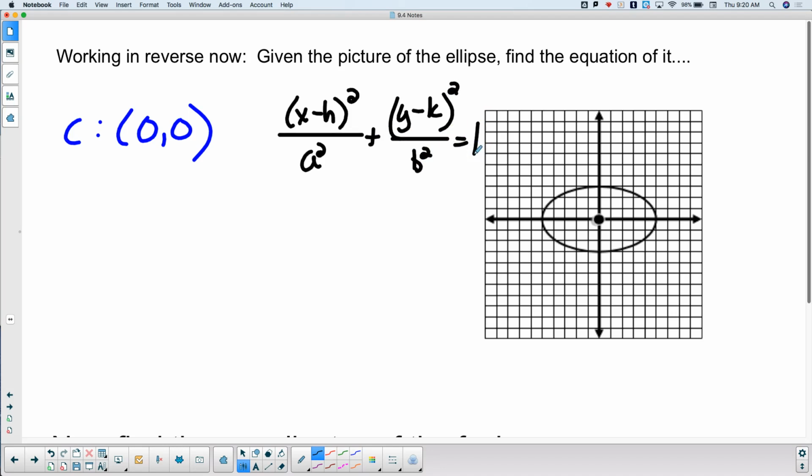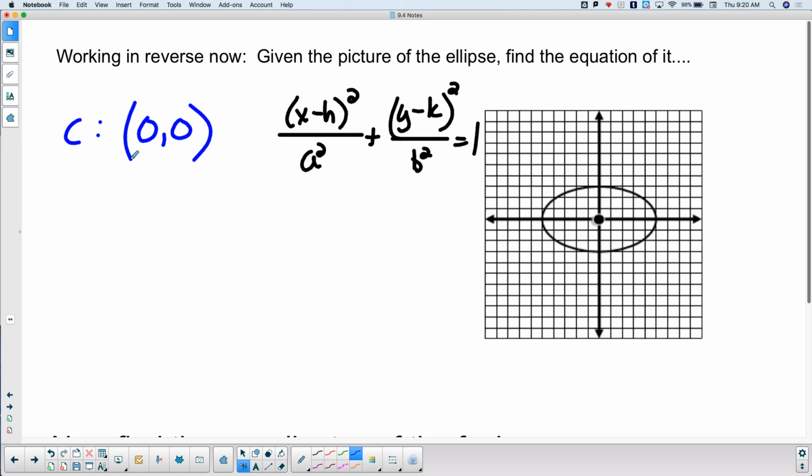By finding the center, do I know anything in that formula? H and K. So I know H and K already. I need A and B yet, right? How would I find A?